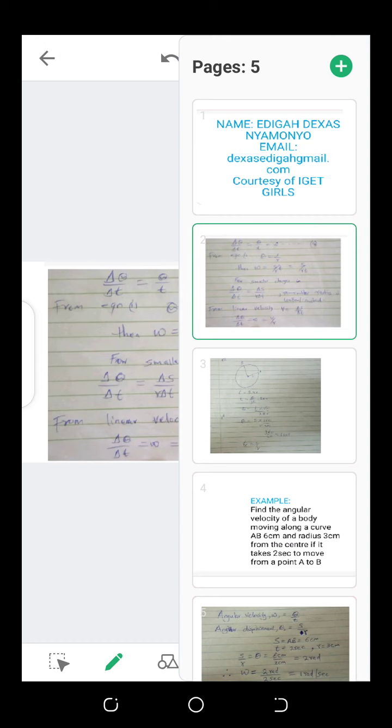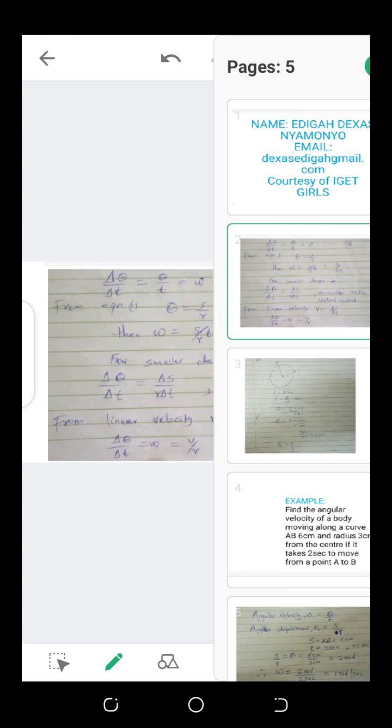We arrived at the angular velocity, which we relate to the linear velocity, the change in displacement divided by the change in time. That's what we learned in Form 3 under linear motion, the first topic in Form 3.